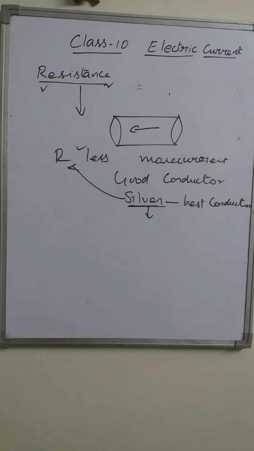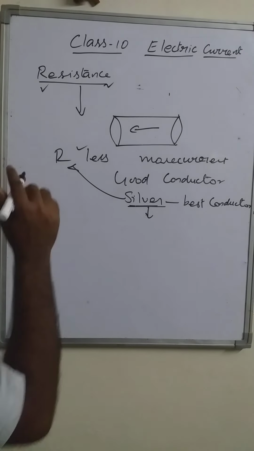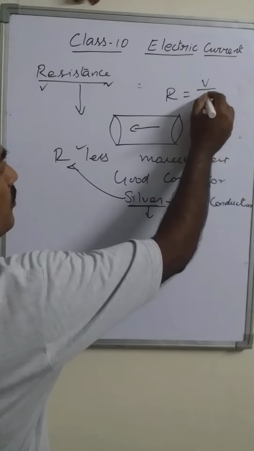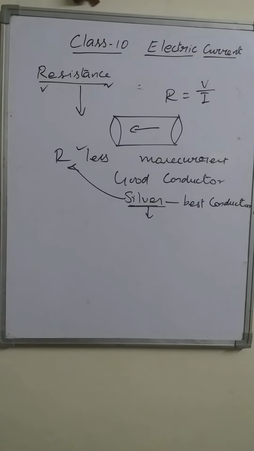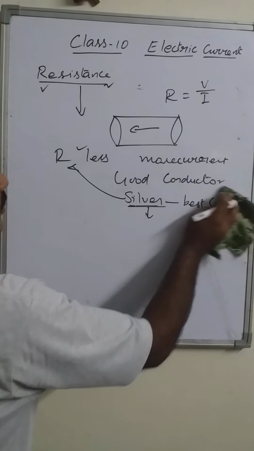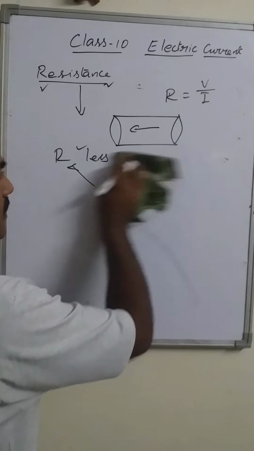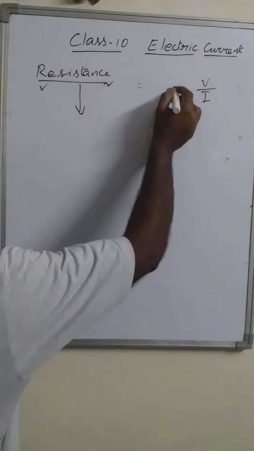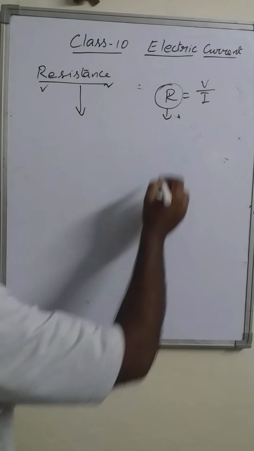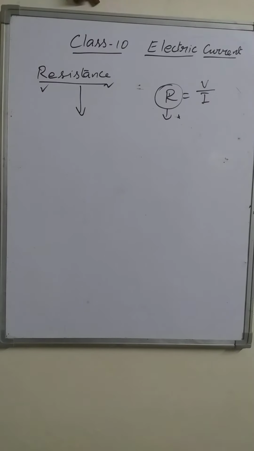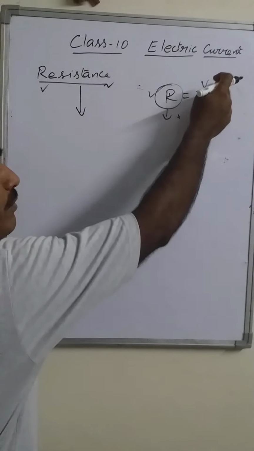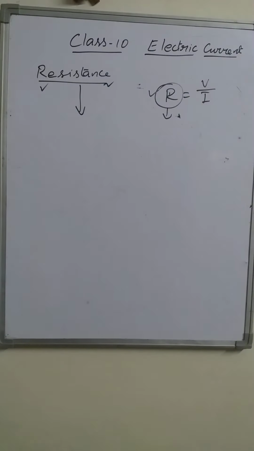Then for resistance, we obtain the formula R equals V upon I, that is, the ratio of potential difference to the current flowing through the conductor. But in this relation, resistance is the proportionality constant, so it will not depend on the factors of that relation.